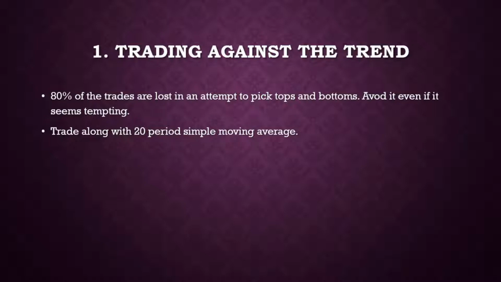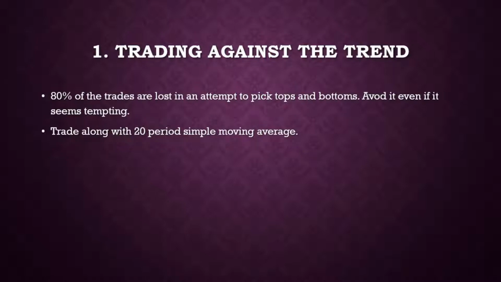How to use it, I will be making a next video on it. I use it every day on every period of charts, so that is how important it is. To be very brief, what I would like to say for now is always trade with the 20 period simple moving average.